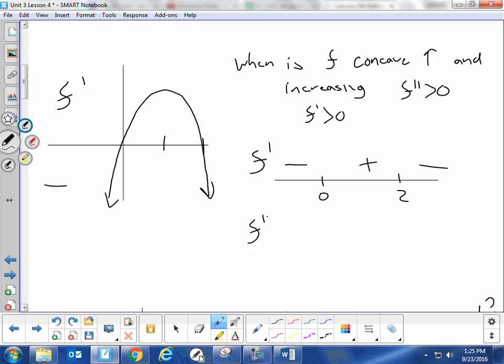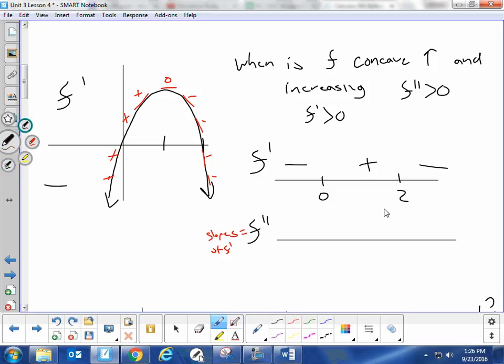The second derivative, so the slopes of f prime, which equals f double prime. This tangent slope is positive, positive, positive, positive, positive. Tangent slope 0, then tangent slope negative, negative, negative, negative. Think of slopes going up from left to right as positive, down from left to right as negative.